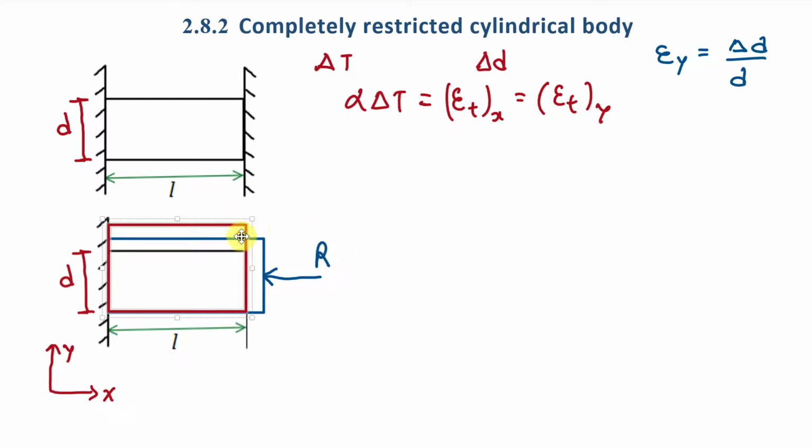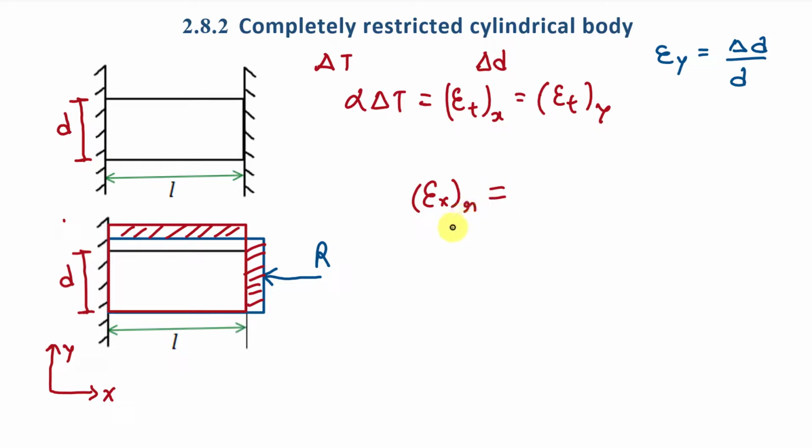So due to this reaction, there is strain in X direction and there is also strain in Y direction, and that strain in Y direction due to this reaction will be this much, right? And here this will be the value of strain due to this reaction R in X direction, right? Now let's say this value of strain is epsilon X and it is due to this reaction R, so we will say that it is epsilon X R. Now what will be the value of epsilon X R?